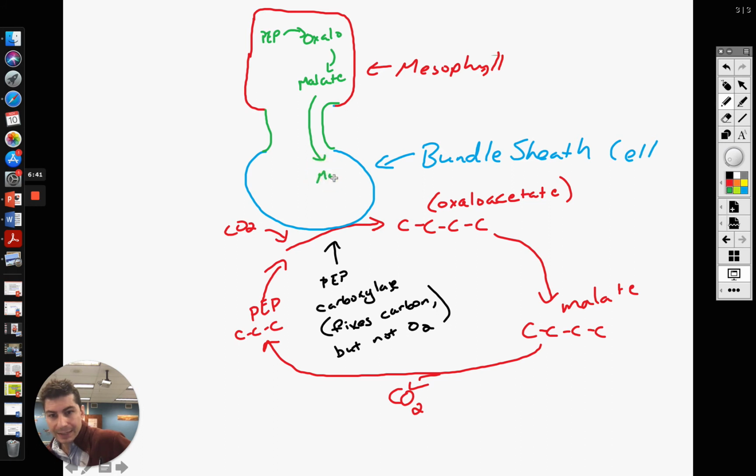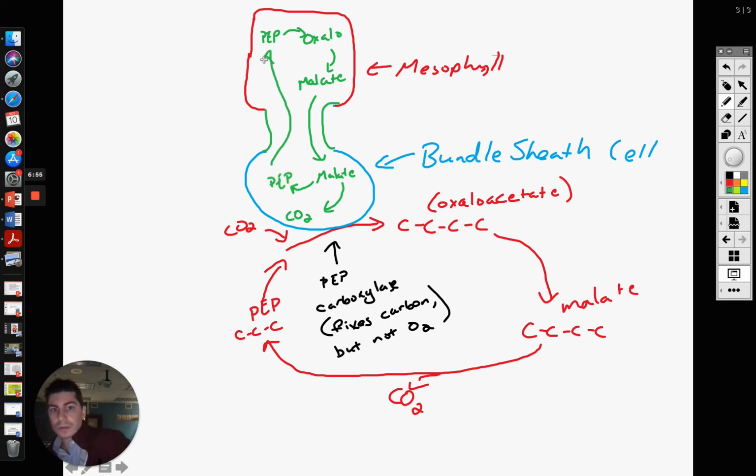And when the malate is in our bundle sheath cell, that right there is when we're going to give off the carbon dioxide, and then it's going to go back to PEP, and the PEP is then going to go back up to our mesophyll cell. Okay? So that is what's going to happen here in order for the bundle sheath cell to get the carbon dioxide so then it can go through our Calvin cycle. All right? And that is the C4 pathway, guys. All right? So the malate's going to go to our bundle sheath cell, give off carbon dioxide, go back to PEP.